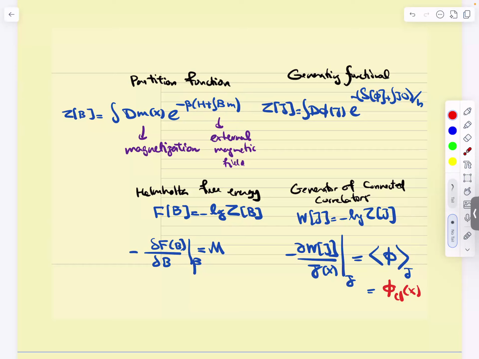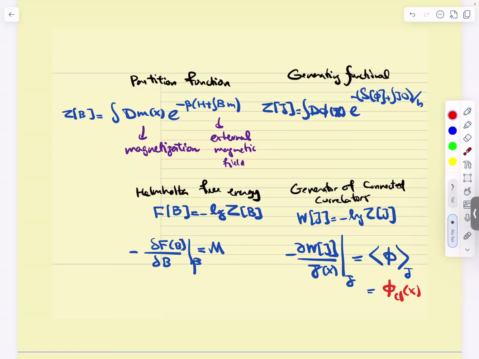This is a moment generating function because you take derivatives of it and you get moments. Similarly, in quantum field theory, you have the generating functional, which is a path integral over the field variable, of course, at x, and then here's the action, and then you put in a source.